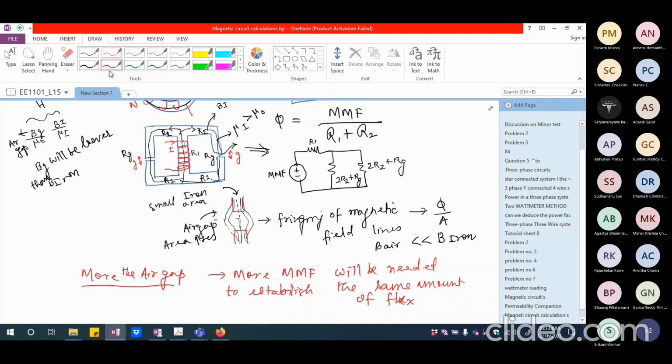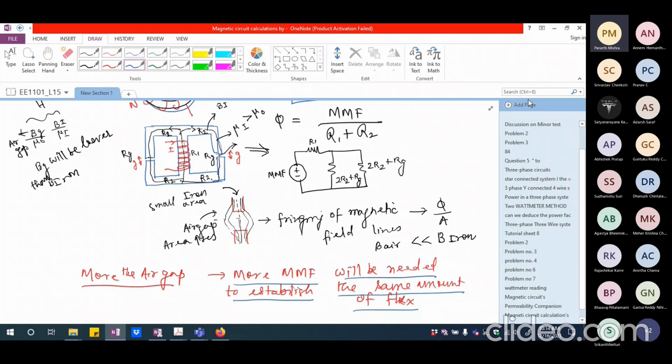If it is offering more reluctance, it is not going to allow more magnetic flux lines to flow through it. So if I want to force more and more flux lines through it, then I have to give more and more forcing function, which is my MMF. The root cause has to be increased in its strength and intensity. So this is what happens in a magnetic circuit wherever there is an air gap.